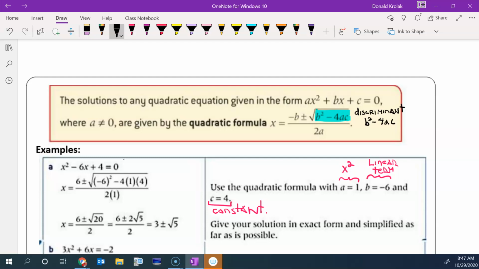When you solve a quadratic, you can have two unique or different solutions, or you could have one repeating solution, it repeats, or you could have zero solutions.